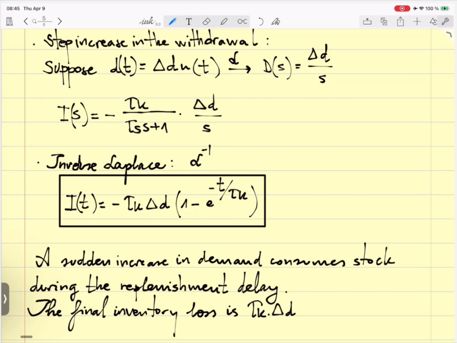Okay, so if tau sub k is very high, the replenishment or response time is very high, then it takes longer to replenish, and then we lose more inventory.